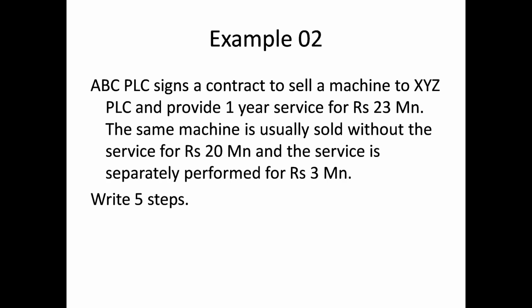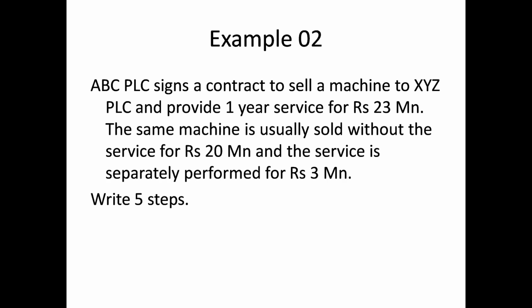You have to be very clear about who is the seller, who is the buyer, and what's the total amount connected with this transaction. What are the performance obligations? And how we are going to recognize your revenue upon the performance obligation.